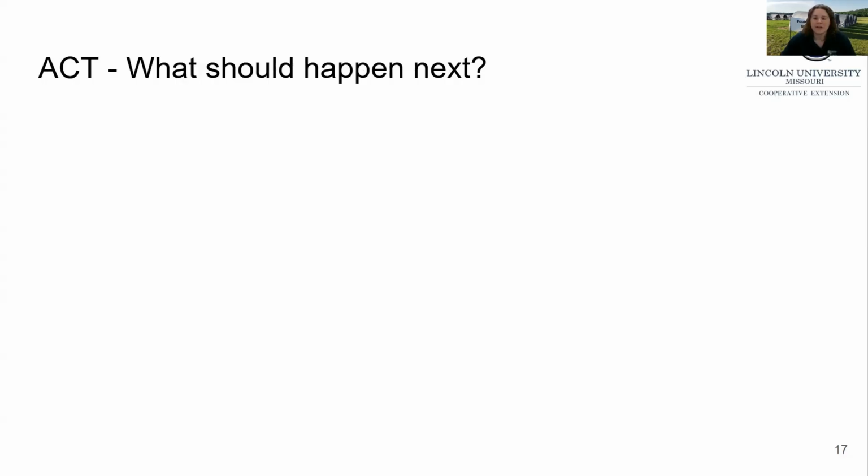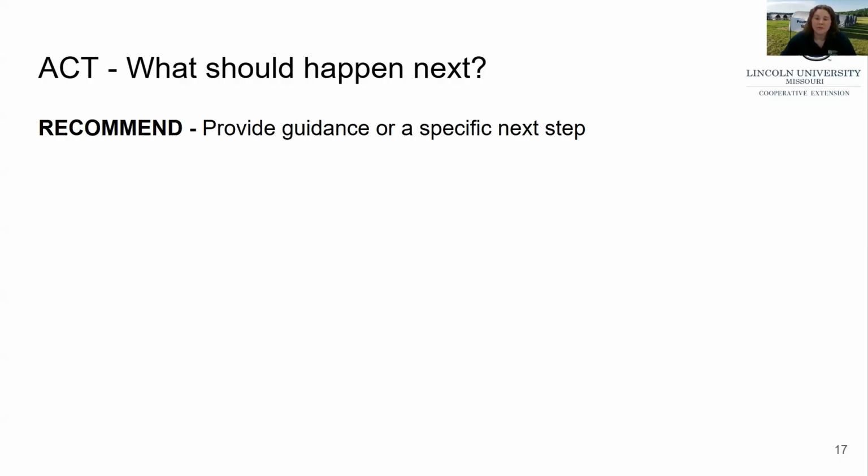And then finally, we look at how we can act. So once we've gathered enough information and we've decided what matters most, we have to determine what happens next. Sometimes we can address that concern right away with a specific recommendation. Sometimes that appropriate response is to educate or make a management change or to monitor the situation.